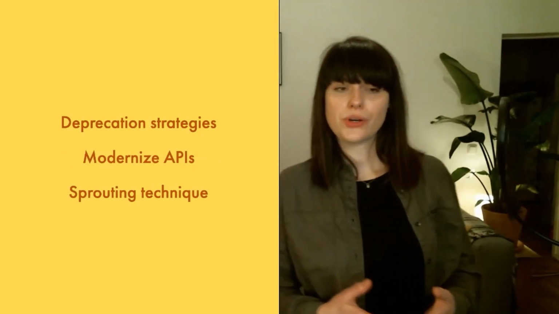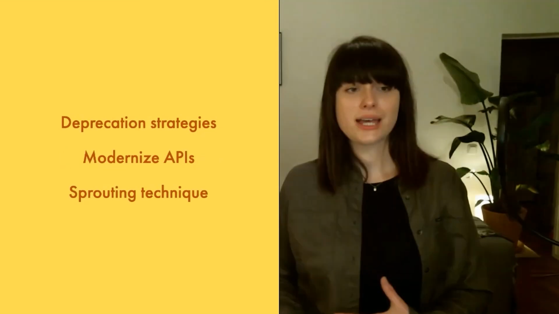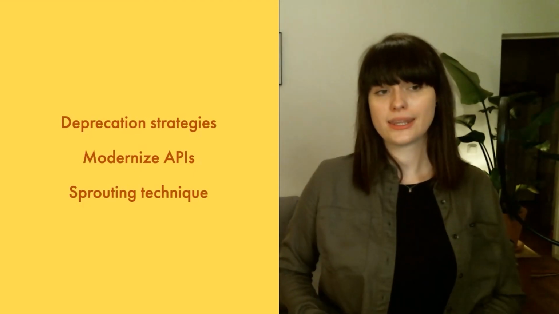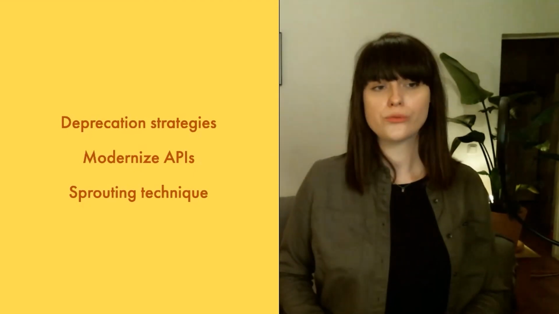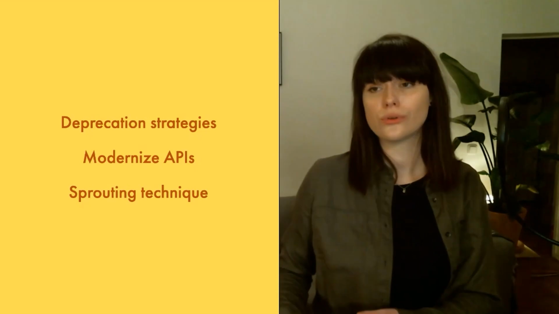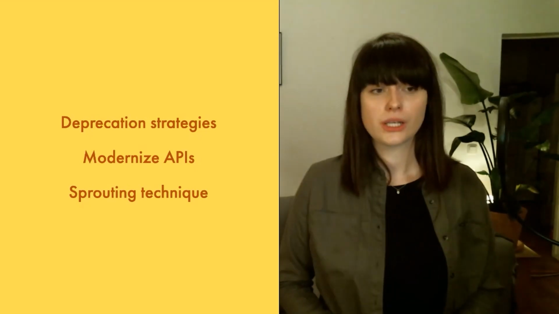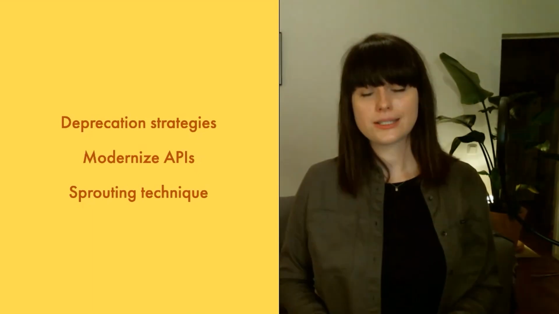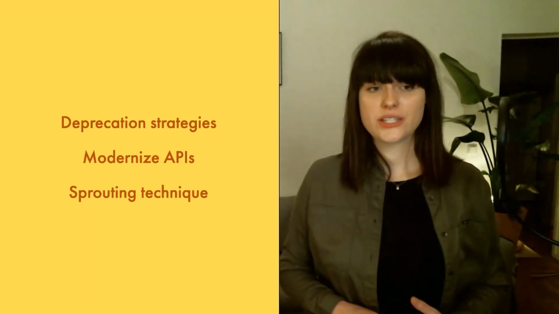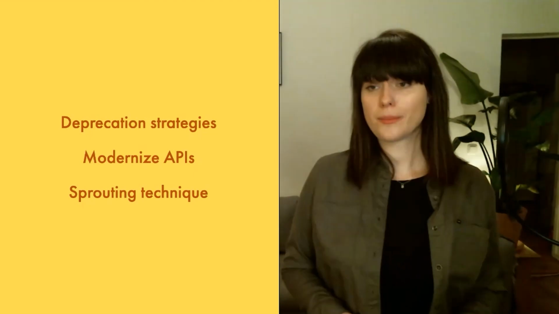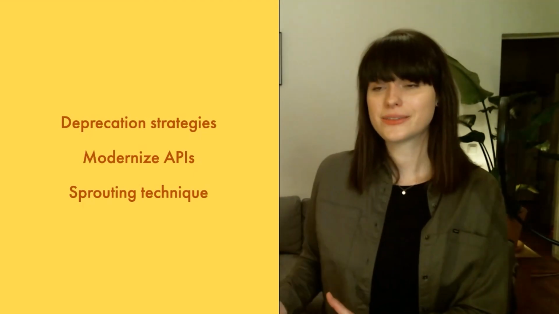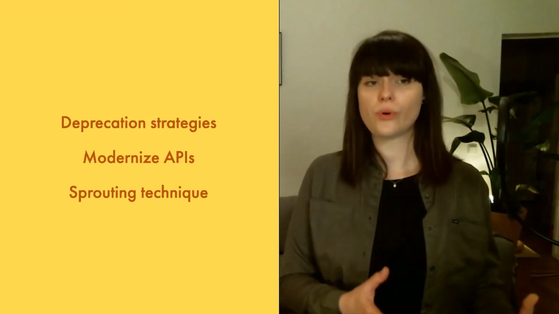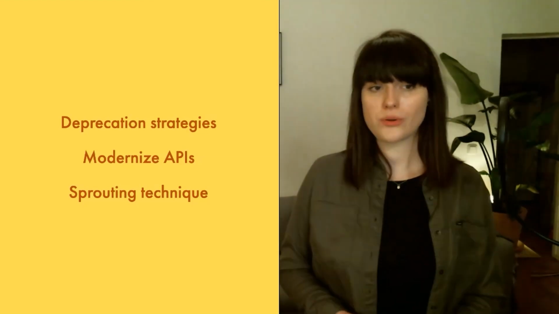Then we apply deprecation strategies: introduce new APIs, mark the old ones as deprecated, and gradually move to the new one until the full replacement is completed. You can also consider developing new functionality on the side in a way that satisfies your quality requirements, and find insertion points in your code base. It's called the sprouting technique.